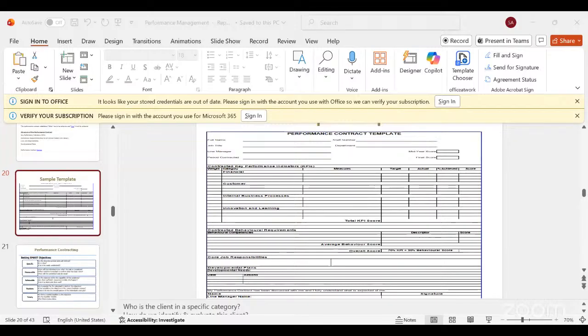Okay, so if you look at, I'll go back to that template, the Excel template that I shared in the presentation. You realize that there's a place where you put in the target, and on that same template, when you come to the actual, there's a place where you indicate the score during mid-year review, and during the end of year review, there's also a place where you indicate the score.